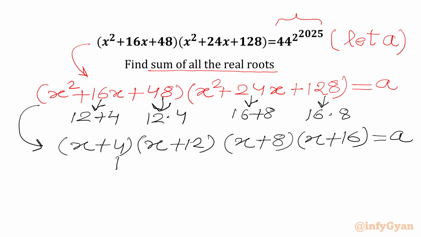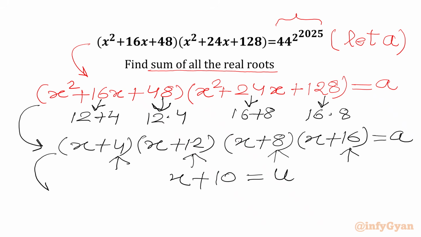If we find the average of 4 and 16, it is 4 plus 16 over 2, which is 10. And if we find the average of 12 and 8, 12 plus 8 is 20 over 2, which is 10. So again we are getting 10. We will assume the substitution x plus 10 equal to u.